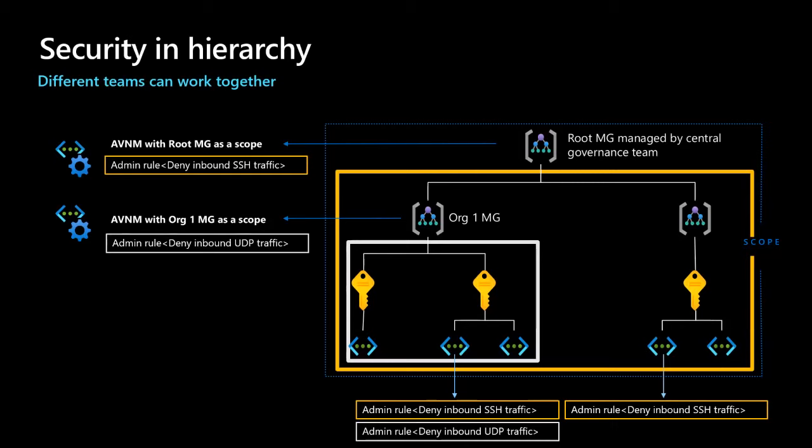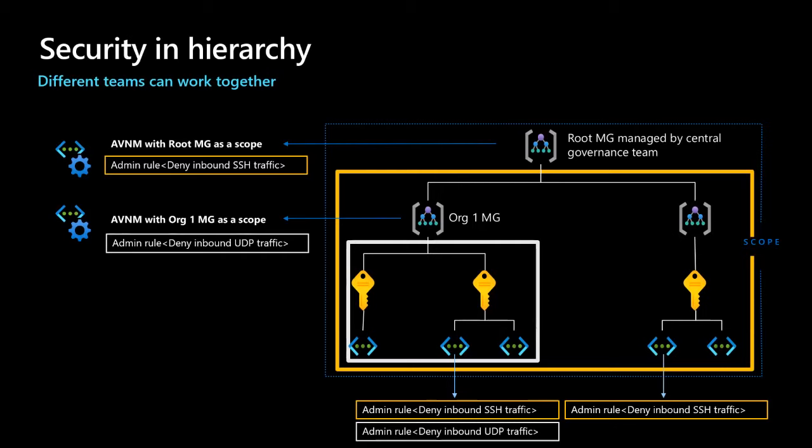And let's say organization one, the administrator of organization one, they create another network manager using the scope of org1 management group, and they expressly specify that they want to deny all of the inbound UDP traffic, for example.